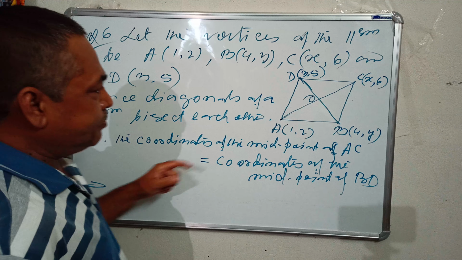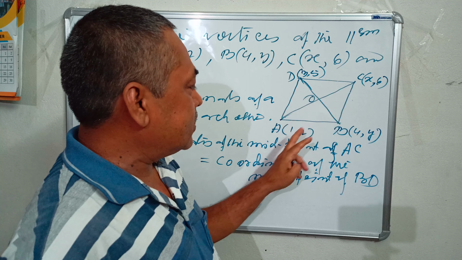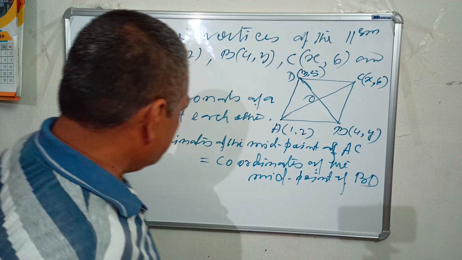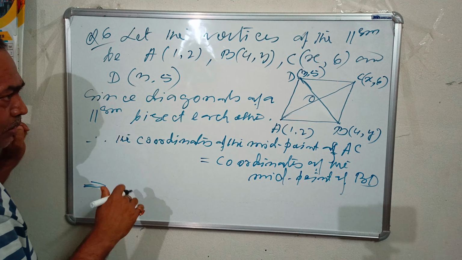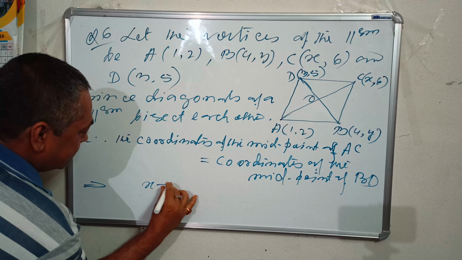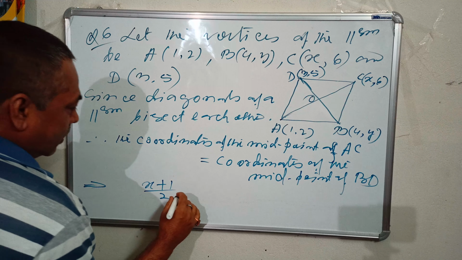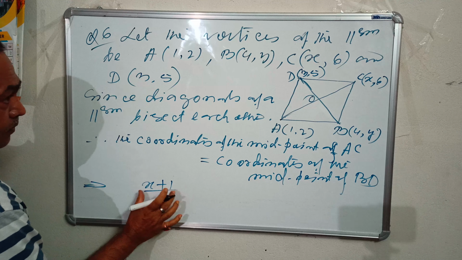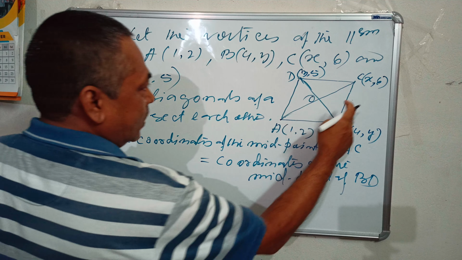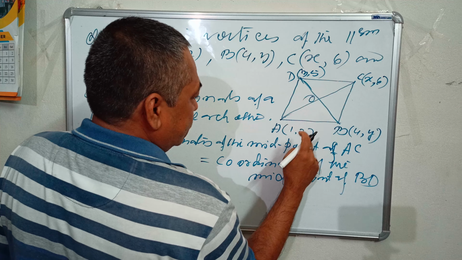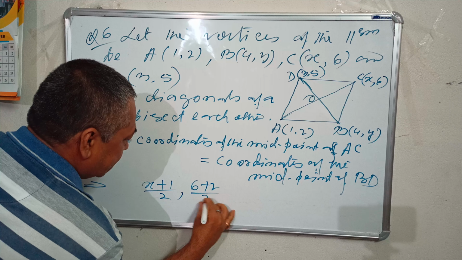Now for the midpoint, this one is (x1, y1) and this is (x2, y2). So for AC, the x-coordinate is (x2 plus x1) divided by 2, that means (x plus 1) divided by 2, and the y-coordinate is (y2 plus y1) divided by 2, that means (6 plus 2) divided by 2.